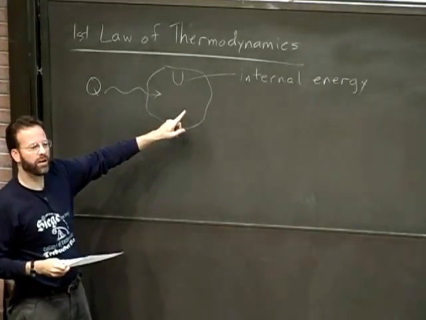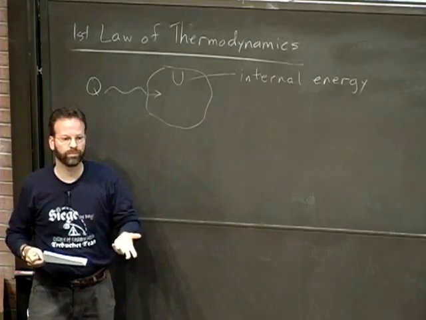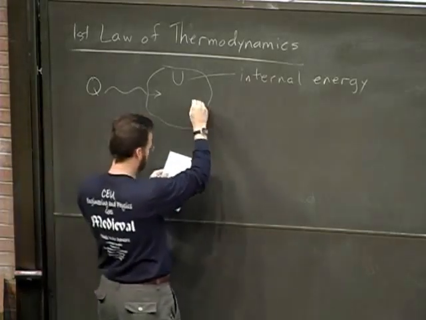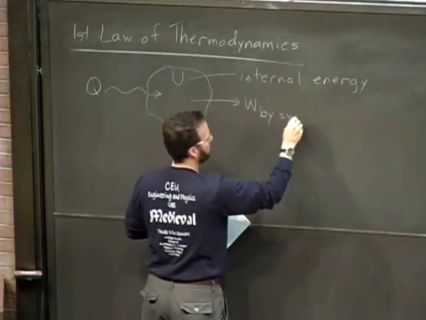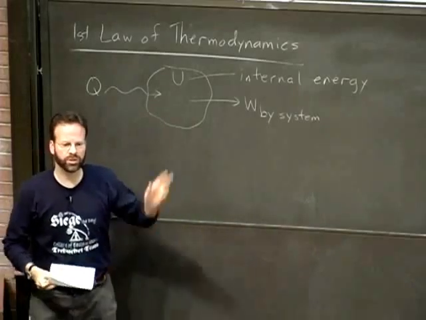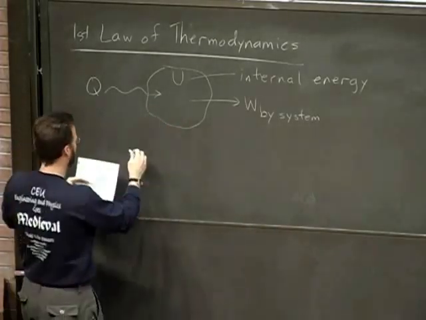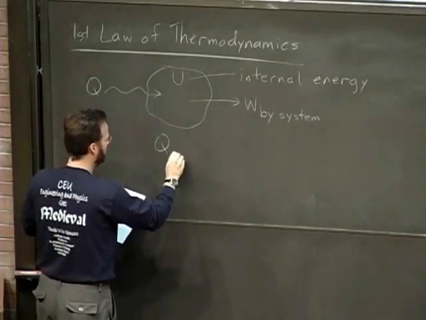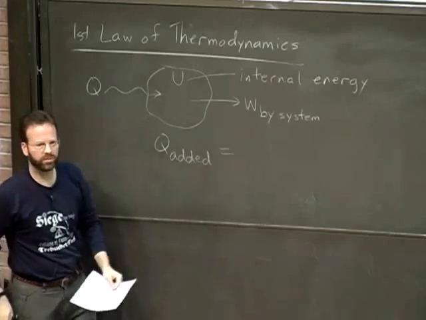In order to perspire, your body is going to have to do work. So one thing that happened, this thing can do work. This is work done by the system. That could happen. But you see, energy is still conserved. And so, if you put heat in, heat that's added, that can have a couple effects.